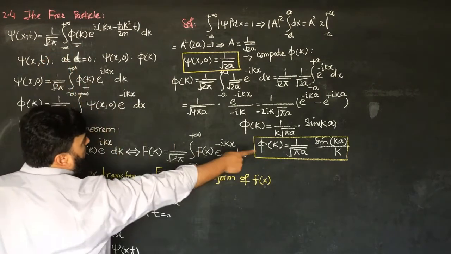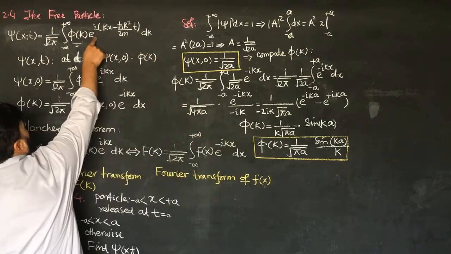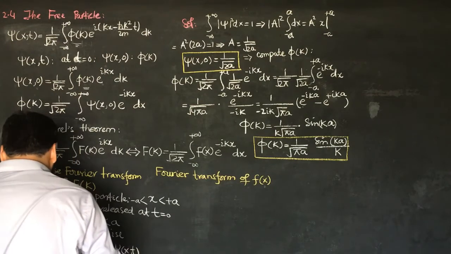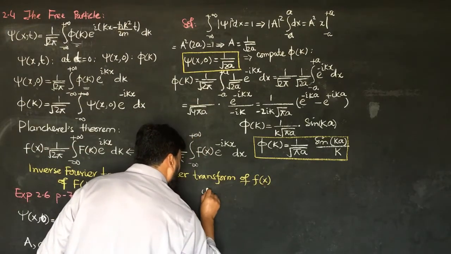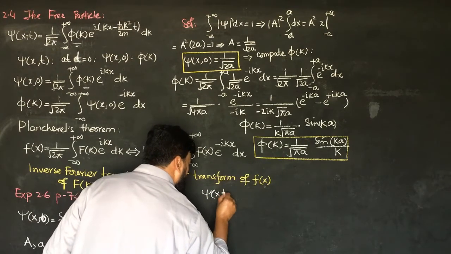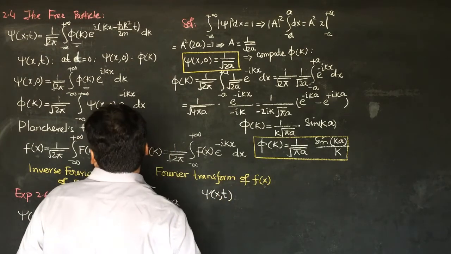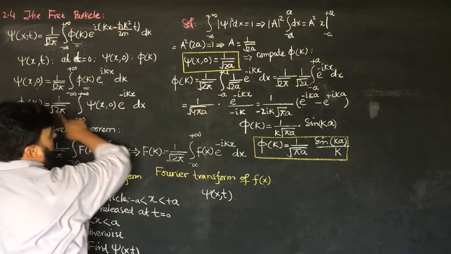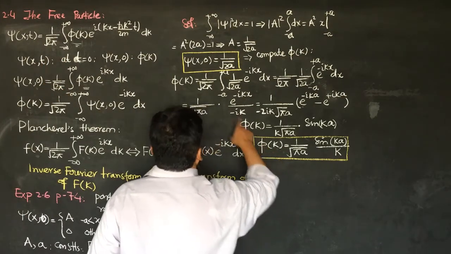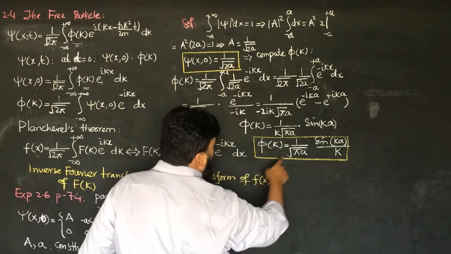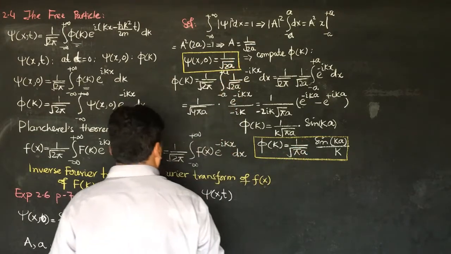For phi of k, I will put this value. It will be equal to 1 over 2 pi and then 1 over 2a and then 1 over pi a.